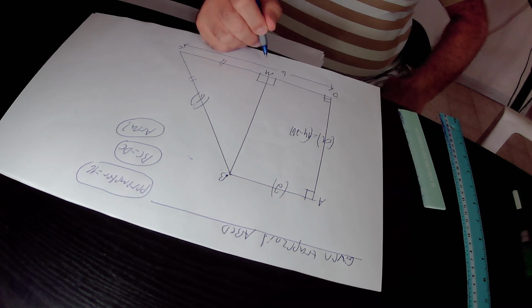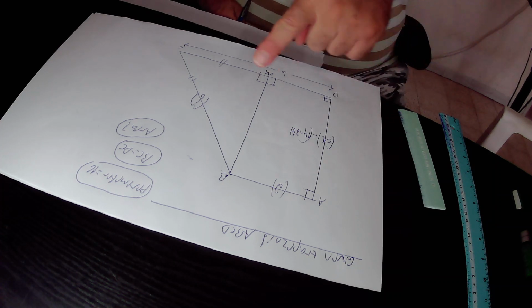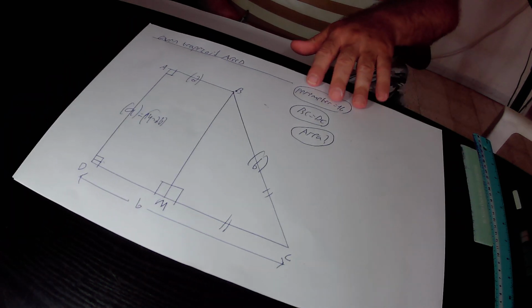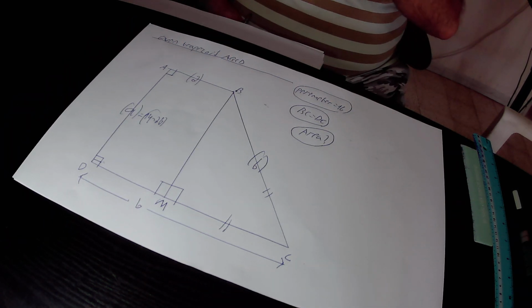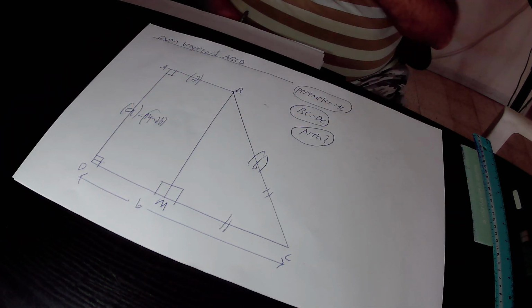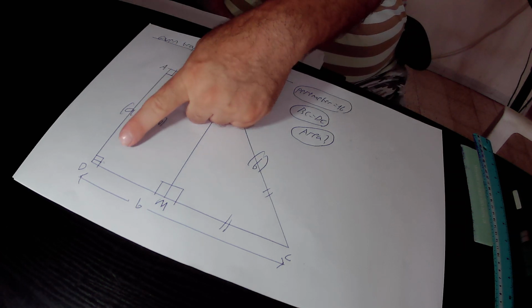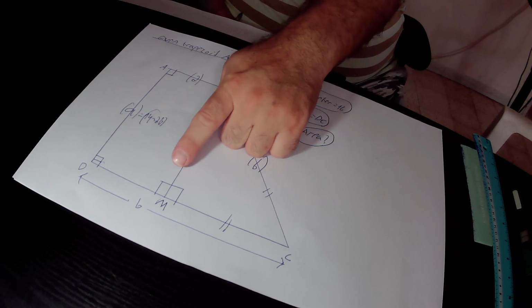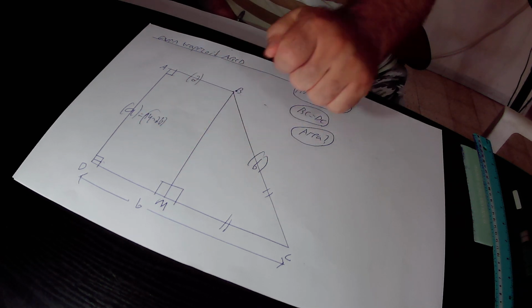By doing this construction, we get quadrilateral ABMD. Inside this quadrilateral ABMD, we have 1, 2, 3 right angles. Those two angles are right angles according to what is given in the question, and this is the right angle according to our construction.